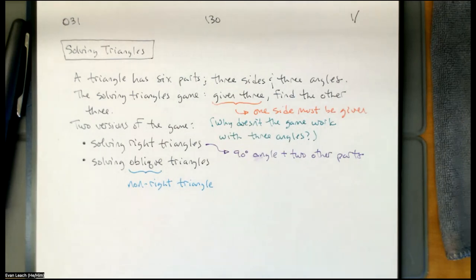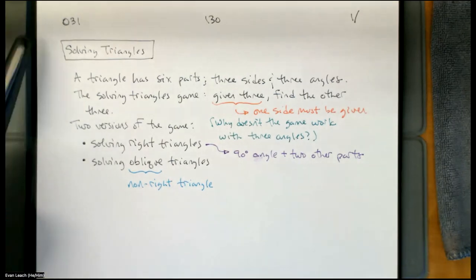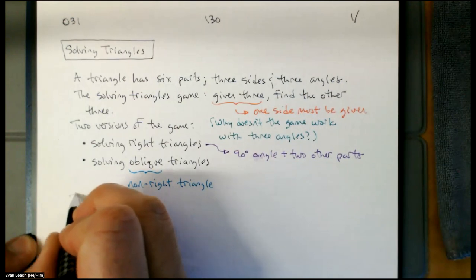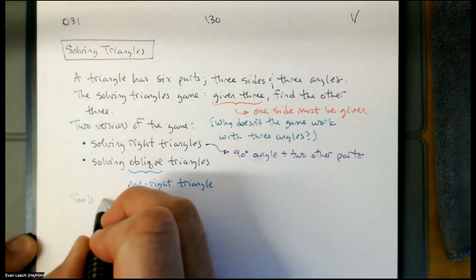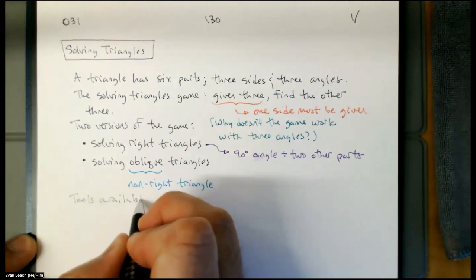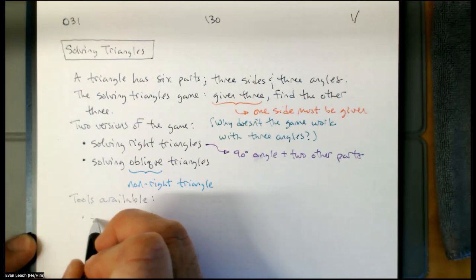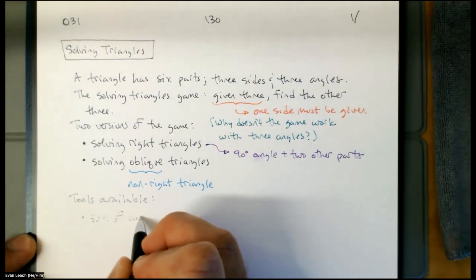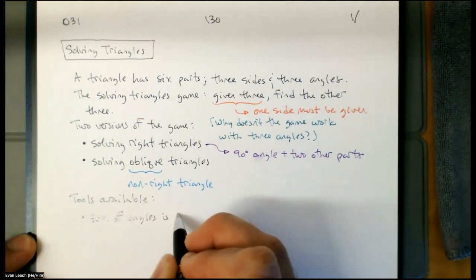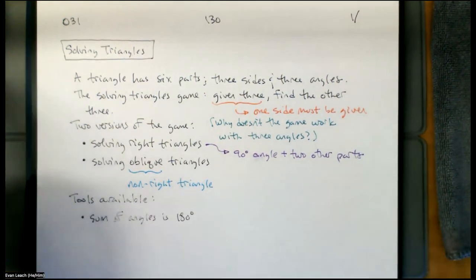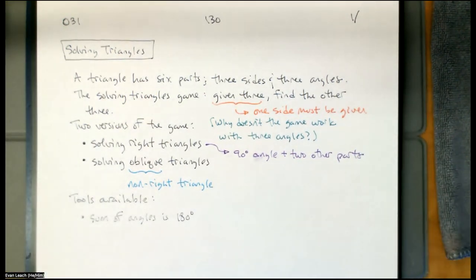We have many tools to accomplish this task, to find those 3 pieces of information. We have lots of tools available to us. First, the sum of the angles is 180 degrees.